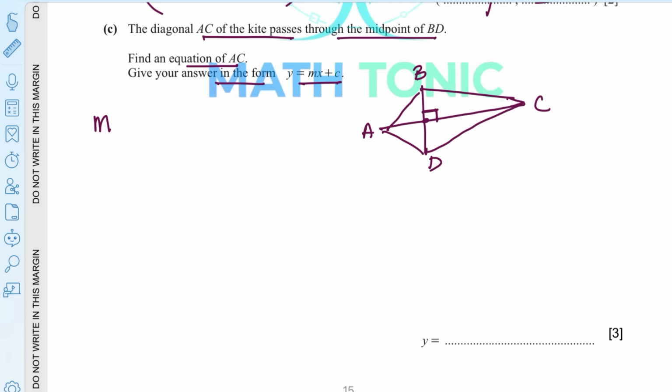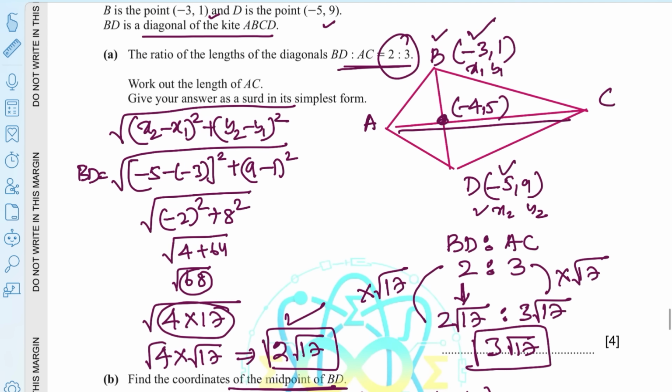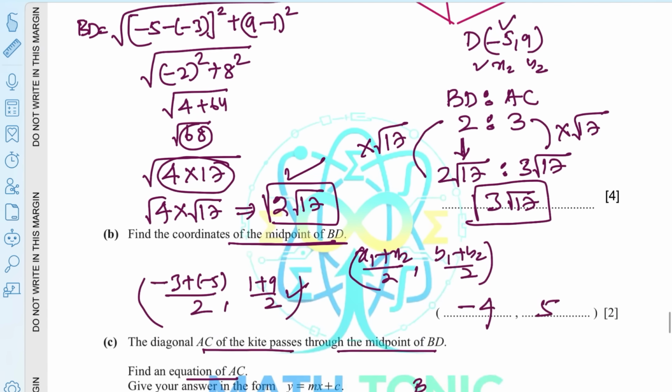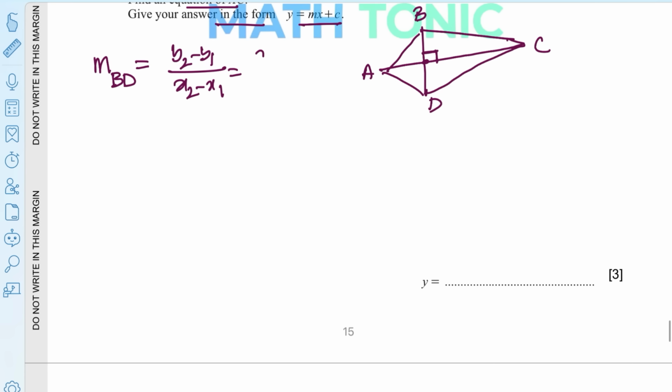Can we first find out the gradient of BD? How to find the gradient if the points are given? y2 minus y1 over x2 minus x1. Going back to y and x, 9 minus 1 over minus 5 minus 3. So we can say 8 over minus 5 plus 3, that becomes minus 2, and that equals minus 4.